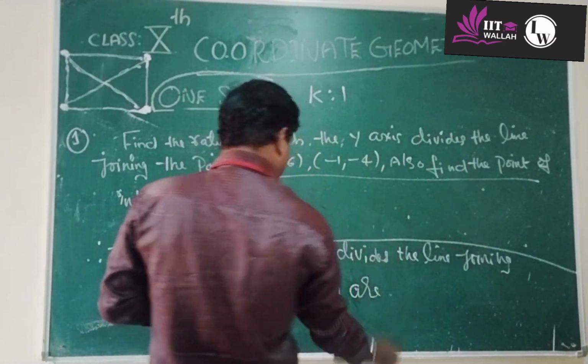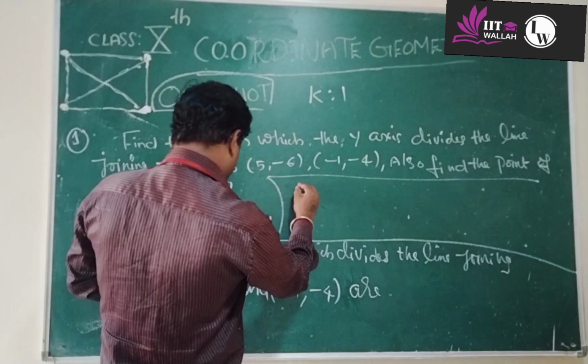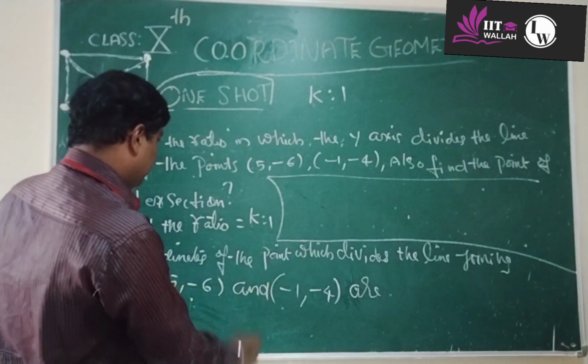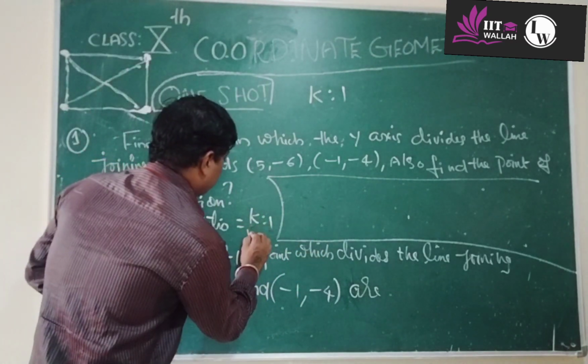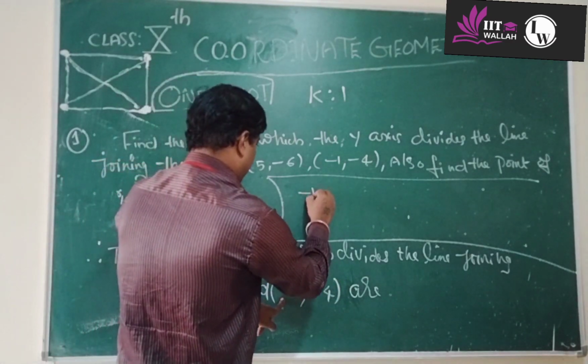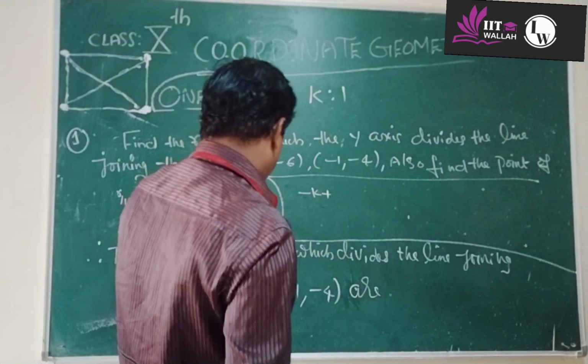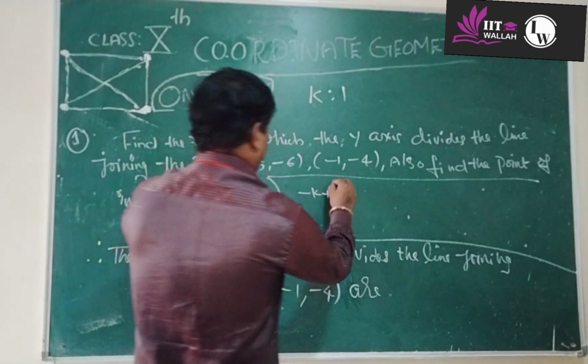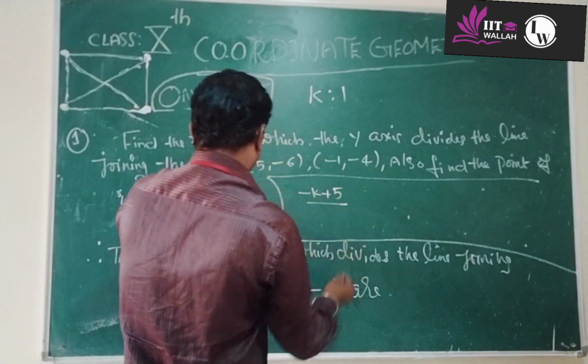This is our m, this is our n. So the x-coordinate is m x2 plus n x1 by m plus n, which is minus k plus 5 by k plus 1.